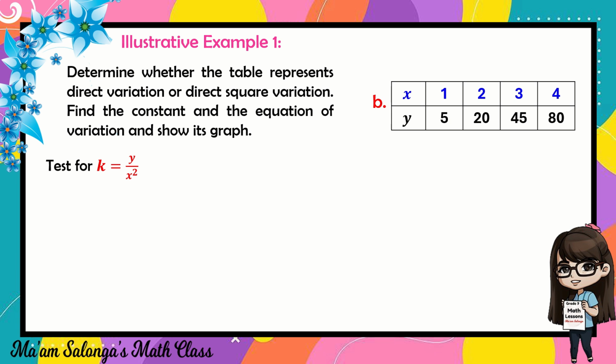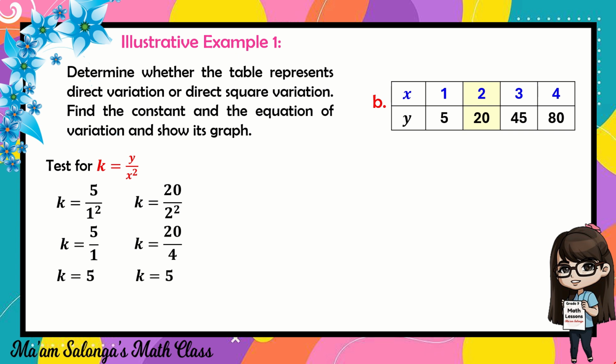Now, i-test naman natin siya sa k equals y over x squared. So, yung first, we have 5 over 1 squared, that is 5 over 1. So, the answer is 5. Next, we have 20 over 2 squared. 2 squared is 4. Then, 20 divided by 4, that is 5.